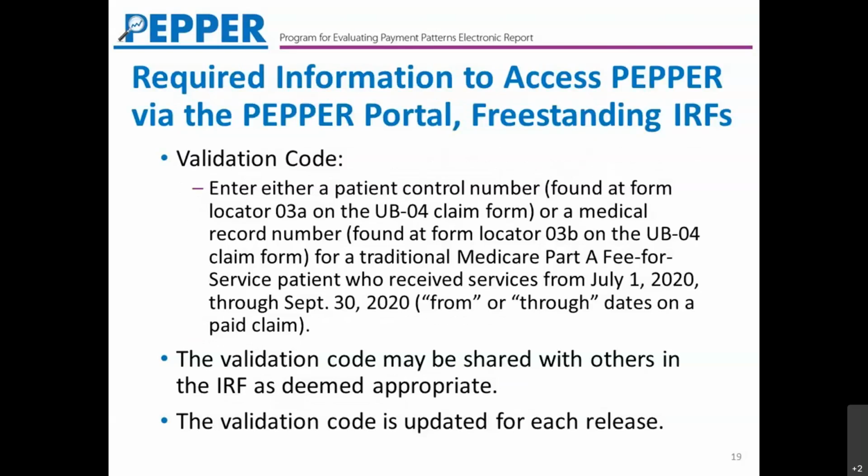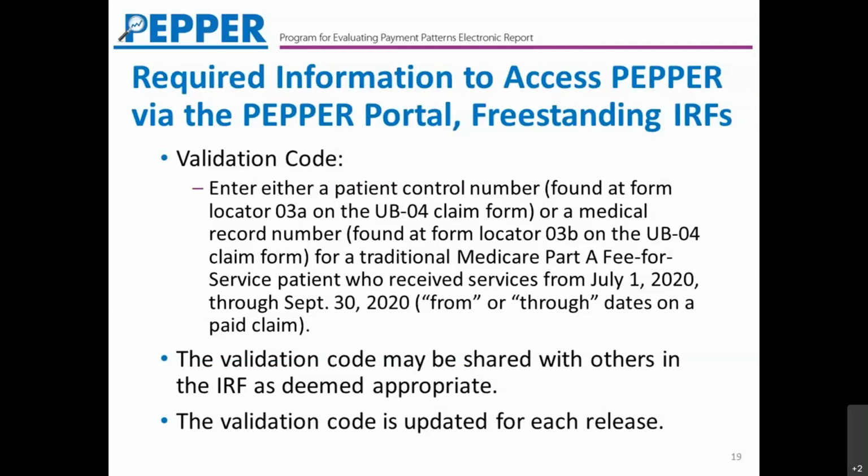The validation code for the PEPPER portal does vary a little bit from facility to facility, but for freestanding IRFs, the validation code on that portal access page will be either a patient control number, which is found at form locator 03A on the UB04 claim, or a medical record number found at form locator 03B on the UB04 claim form.